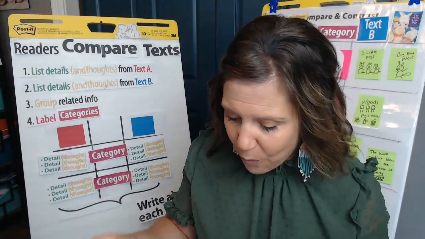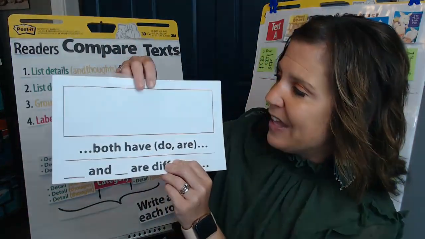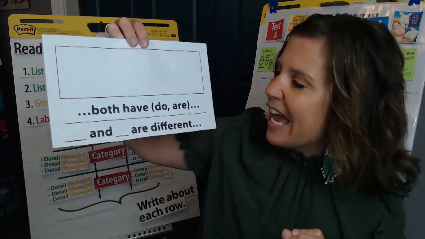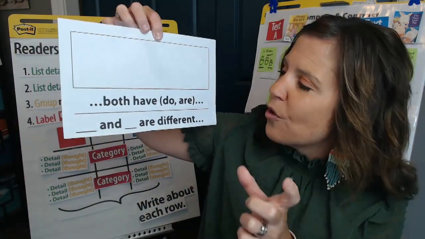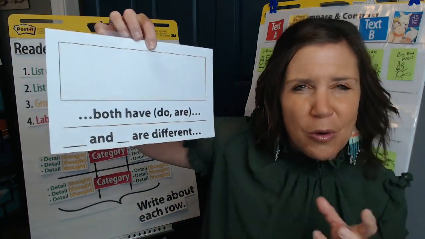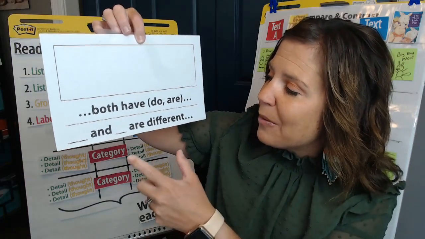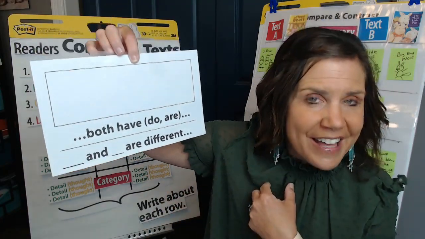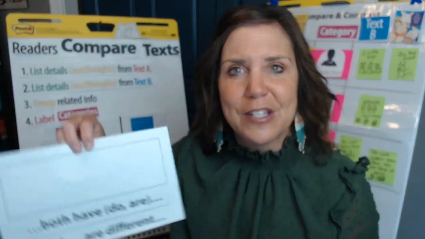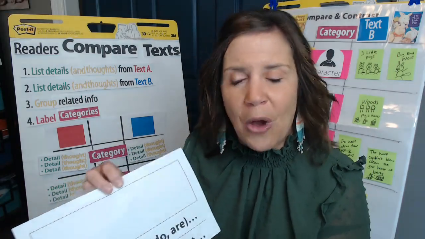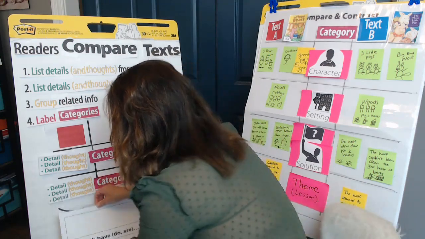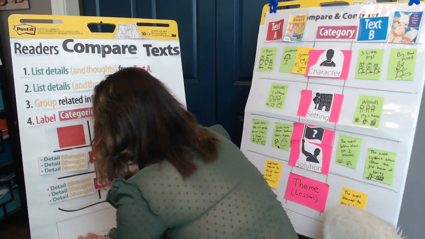On my chart, I'm going to add this with the box for the picture and the lines underneath. And we're going to use words like they both have, they both do, both are, those sort of phrases. Or blank and blank are different because, or they're the same because. We're going to use some of those words and phrases to explain each row and how they're the same and how they're different. So I'm going to add that to the bottom of our chart there.